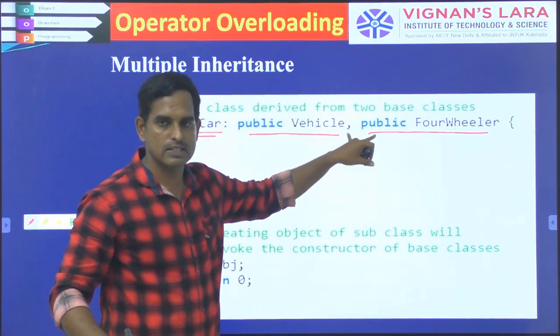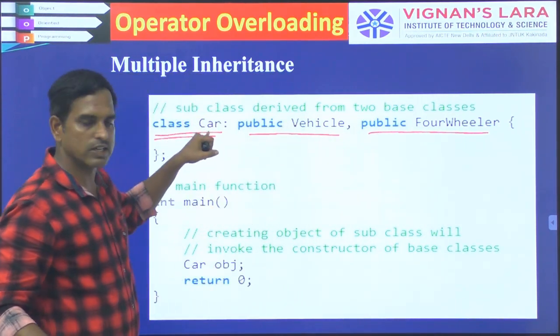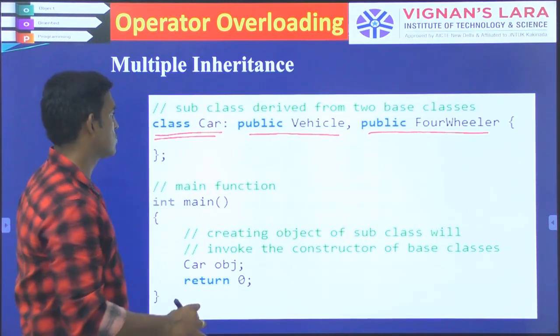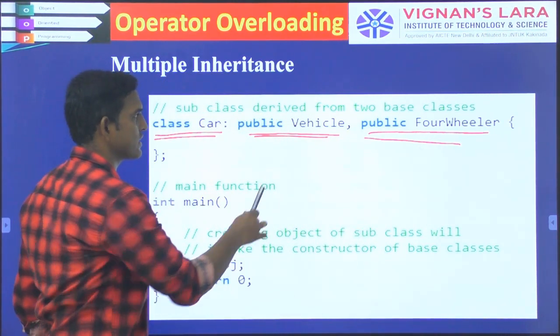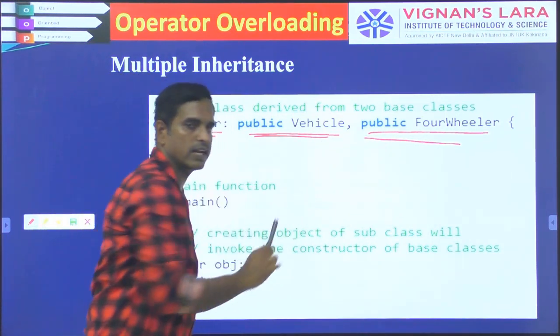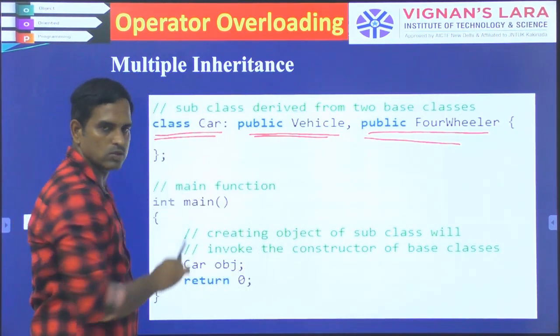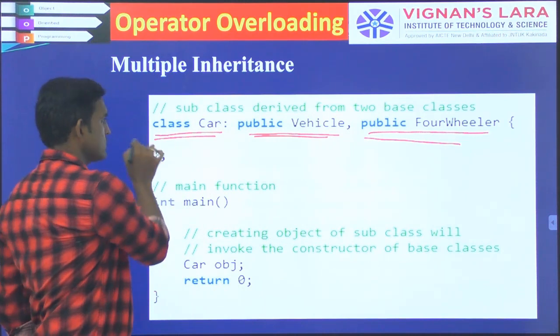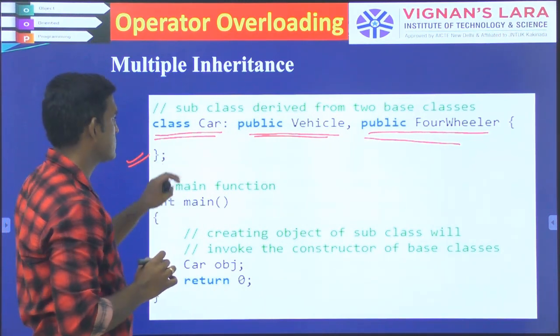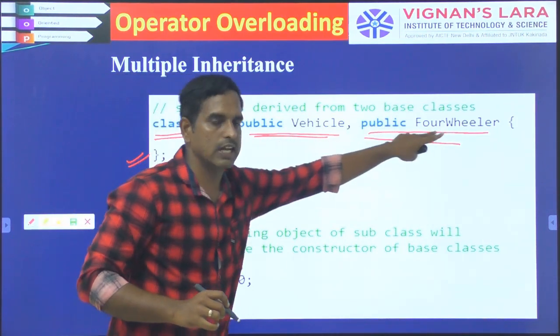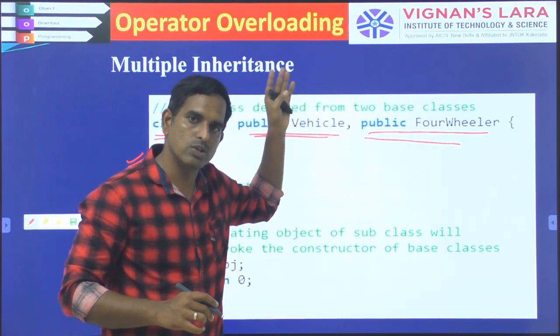These 2 classes I am inheriting into your car class. So this is multiple inheritance, where you are inheriting the properties of 4-wheeler as well as vehicle into the car. You haven't written anything, you just closed the brace. Since you are inheriting both the vehicle and 4-wheeler classes, you are going to use all the methods.